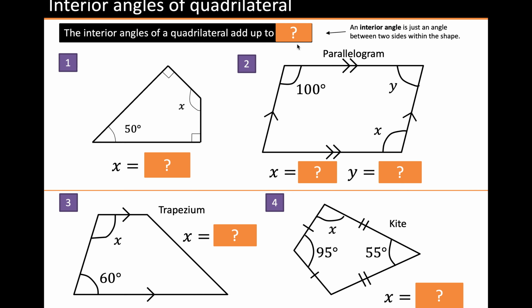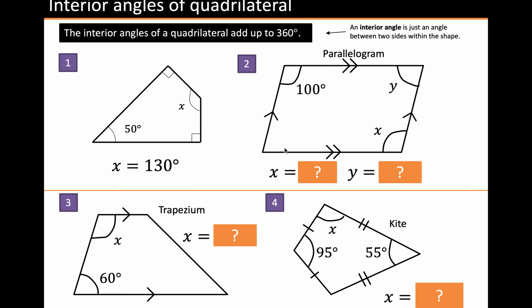The interior angles of a quadrilateral add up to 360 degrees. This is 90, this is 90, these two make 180, and these two of course make another 180, making up 360 degrees, right? So that makes this one 180 minus 50, so that is 130.